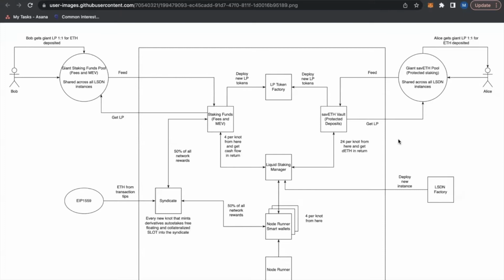What's different about this asset versus other assets minted from consensus layer validators is that if you were to burn the assets minted by the Stakehouse protocol, the debt position, you can always claw back your consensus layer position.